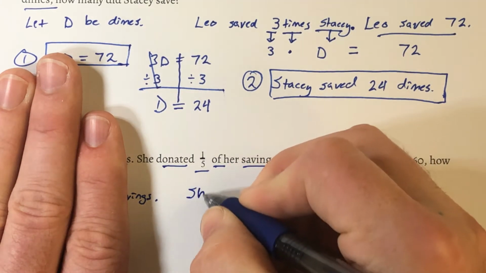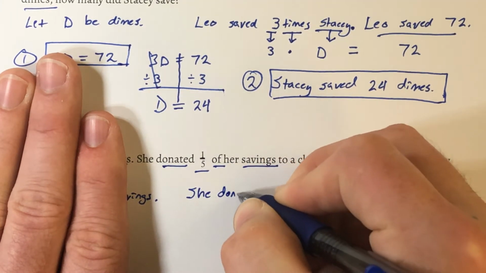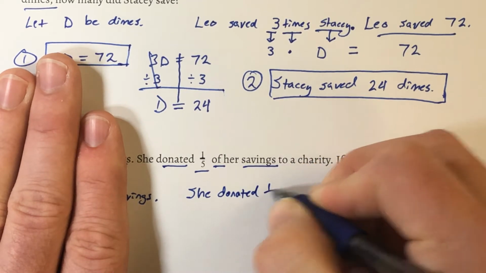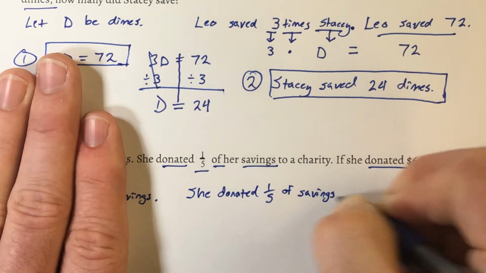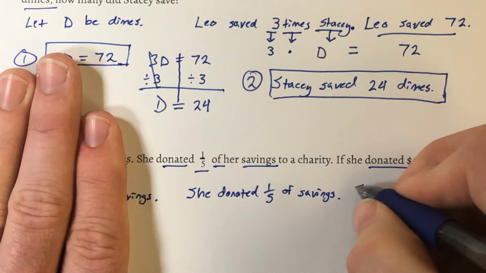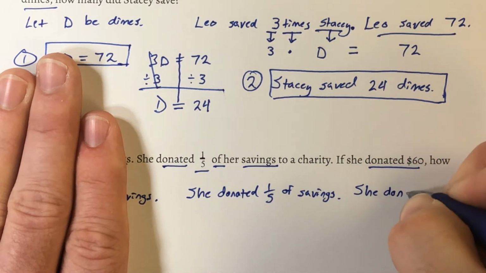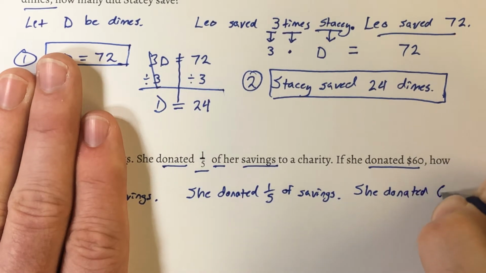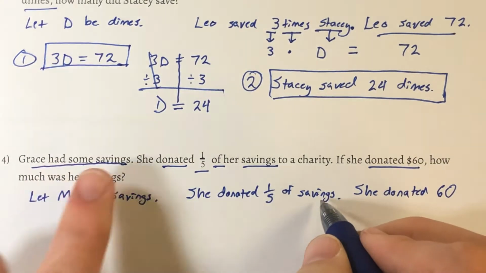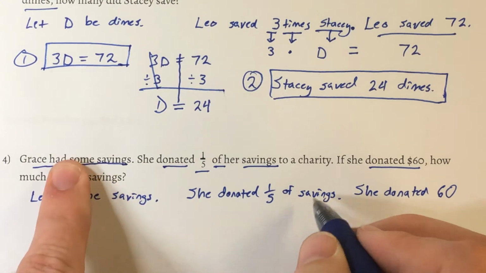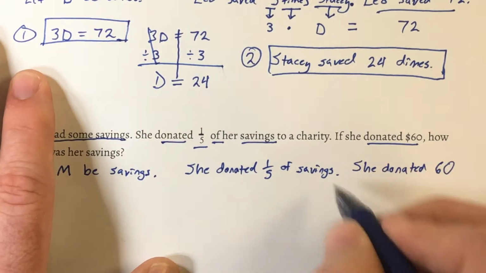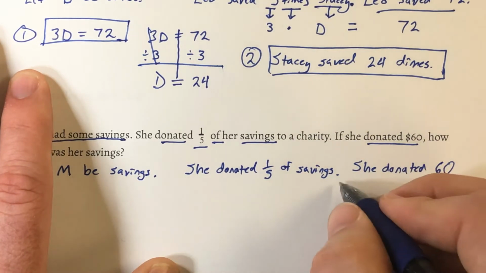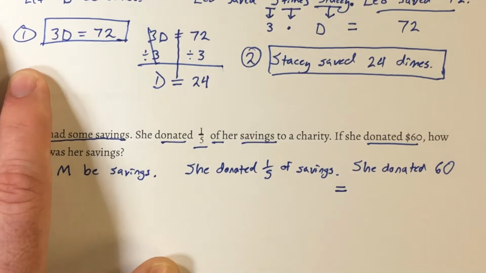So she donated 1/5 of savings. She donated $60. And the savings part is in there. So that's why I did not need to write Grace had some savings. It's pointless. All right. So because it's both sides about what she donated. The middle is right there. That's our equal sign.